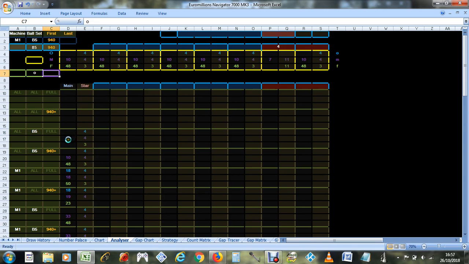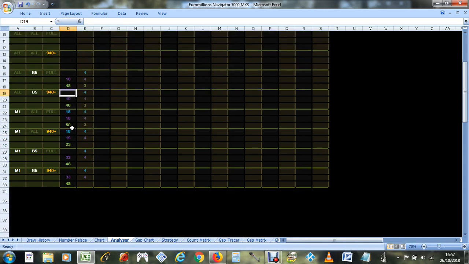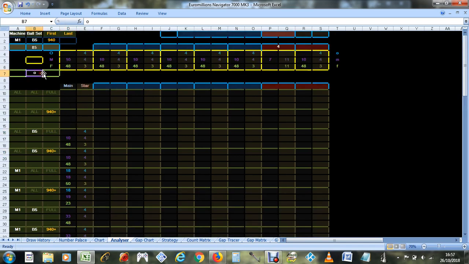So that's the same there as well. So I'm building up a picture of the numbers that stand out. So when we're looking at all machines and sets of balls, we've got 13 most overdue, 19 most overdue for its frequency, and 50 most frequent.